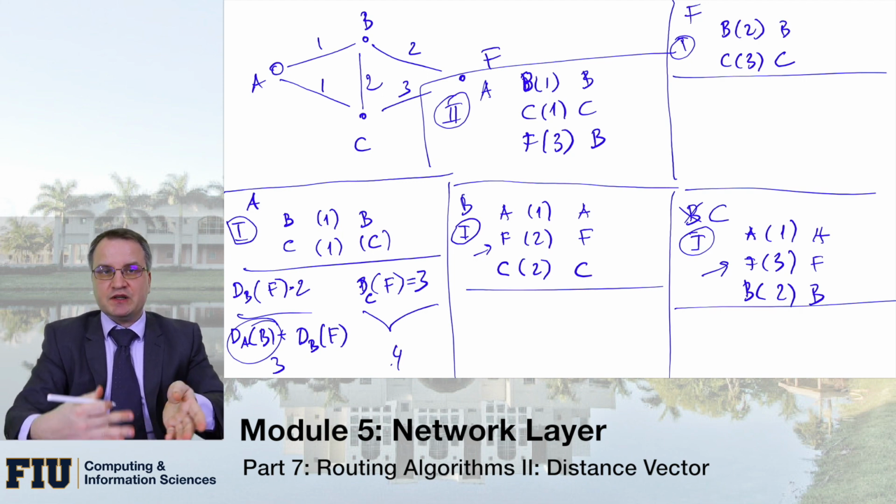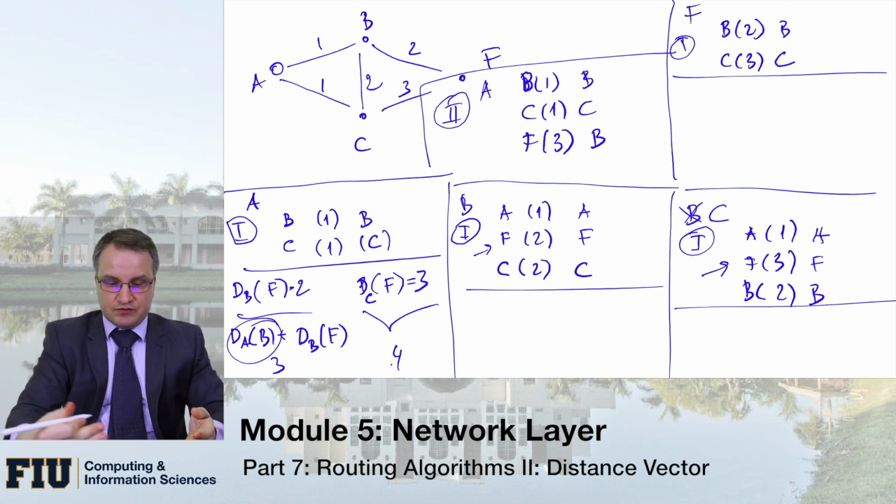Something similar is going to happen at the different hosts, and so on. I don't know whether we need more iterations, or whether that would be enough to actually know everything. I think that's it.